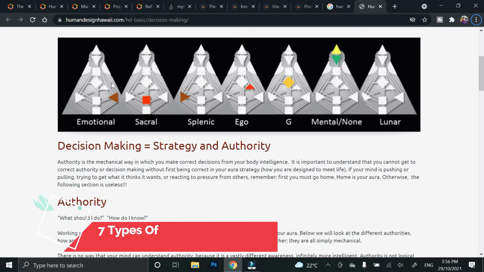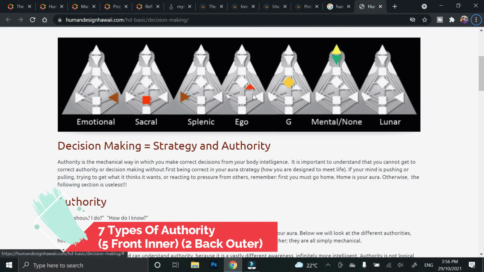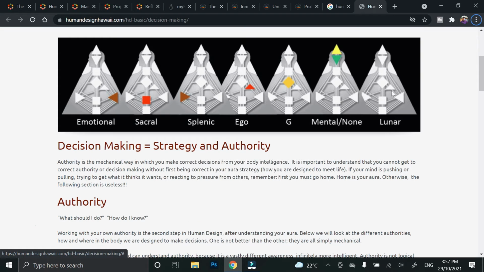So these 5 at the front are considered the inner authority, where you have an internal means of coming to decisions and connecting to your intuition. 2 of them are what we call the no authority, which means the way you connect to your intuition is based on some kind of external process of your environment. Just like your design type, the type of authority you have is also determined on your chart.